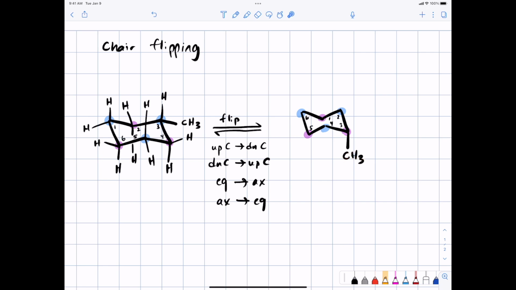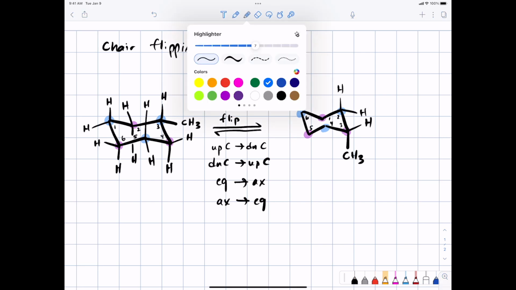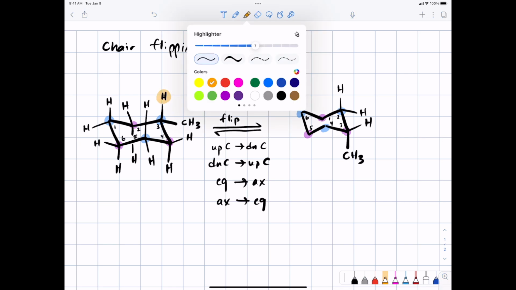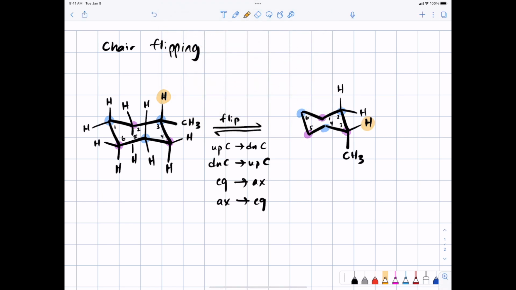We could draw in all the other hydrogens if you wanted to. It's not necessary at this point. Maybe I'll just draw in a couple. I just want to illustrate in so doing that what used to be axial, and I'm going to use the same color for the same proton, is now equatorial.